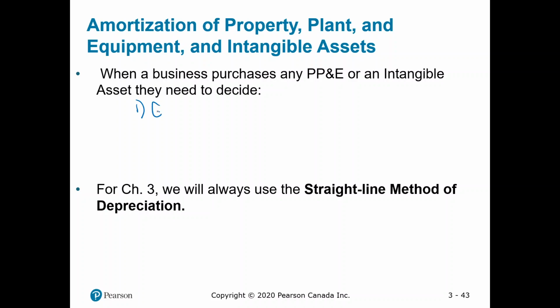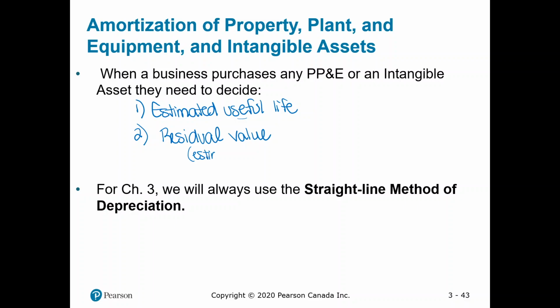And the first one is that estimated useful life. How long do we think we will have that asset for and it will be useful? And then secondly is the residual value. Which is also an estimate. And the residual value means the value expected at the end of the useful life.